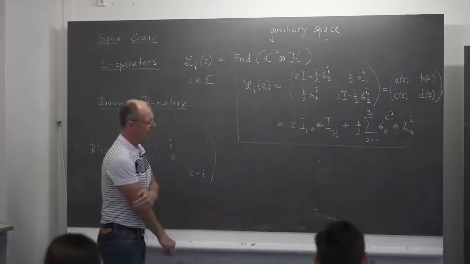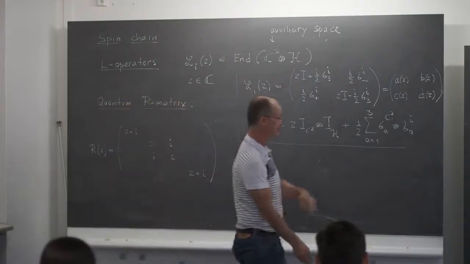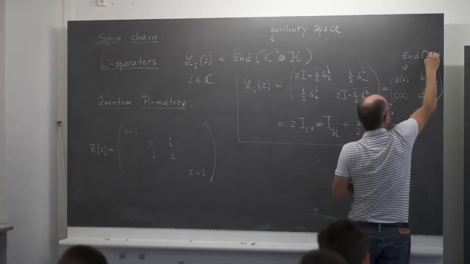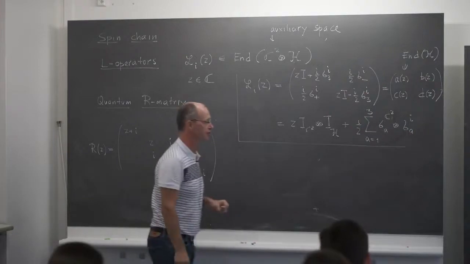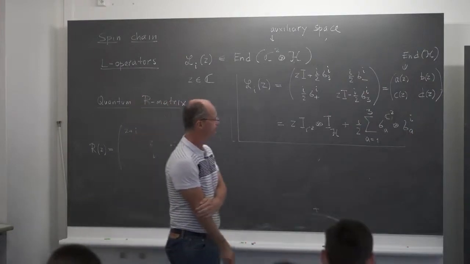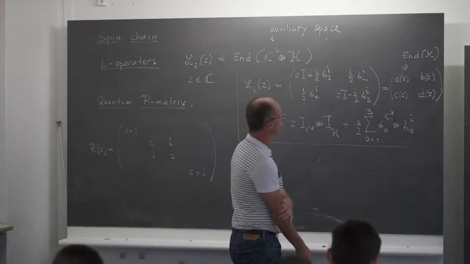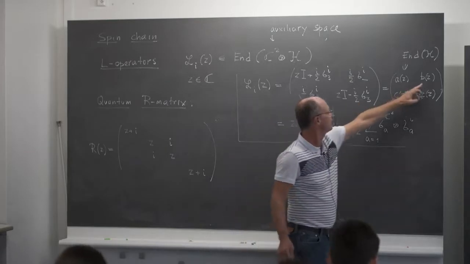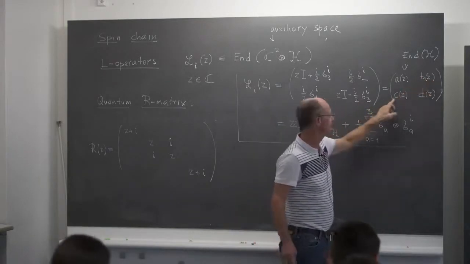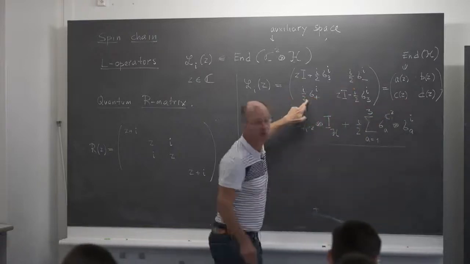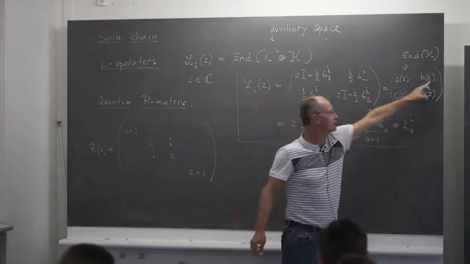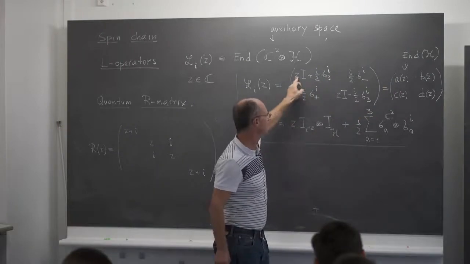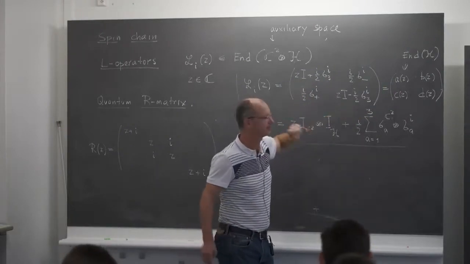So let me denote those matrix entries A, B, C, D. Let me recall, they are all endomorphisms of H. Maybe one more small remark. Notice that here I write B of Z and C of Z, right? These are those matrix entries. So they're actually constant. They don't depend on Z at all. And these guys, they are linear functions of Z, right?